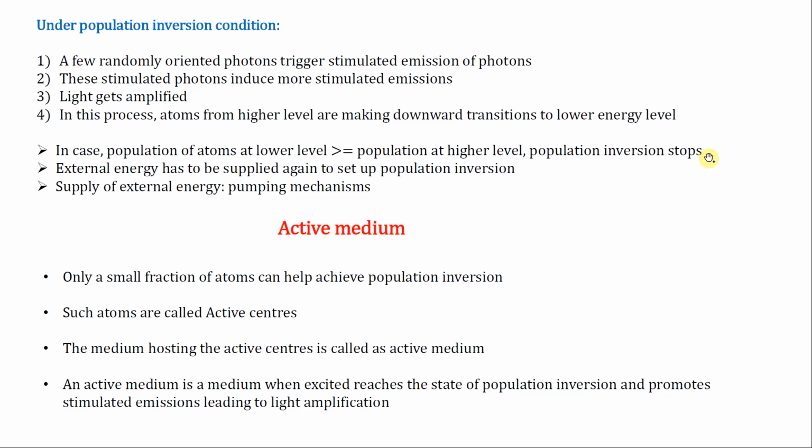When stimulated emission continues for a long time, resulting in light amplification, and the population at the low energy level gets greater than at the high energy level, the entire process will stop. If you want to continue, you have to give further external energy. The methodology to give this external energy to continue population inversion is called the pumping mechanism.